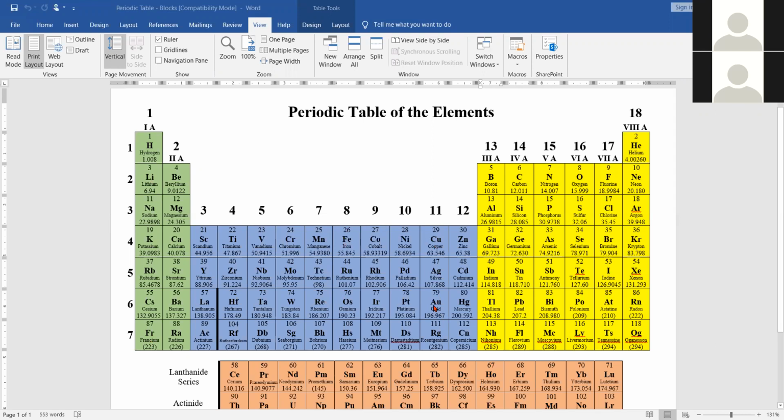So in other words, the transition elements can have variable charges. They are positive cations, but you cannot tell the number just by looking at the periodic table. You need additional information. There are some that don't have variable charges. For example, scandium is always +3.